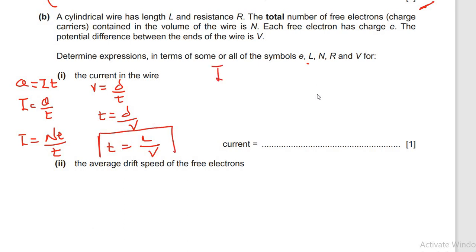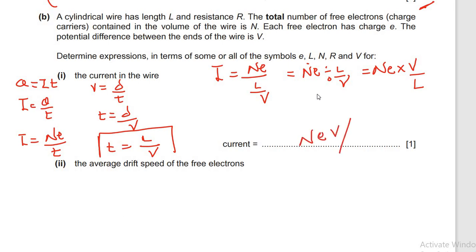So current will be the charge over time, where time is distance over velocity. So it will be N e divided by L over v, which is N e v over L. Therefore, the expression for current in this case is N e v over L.